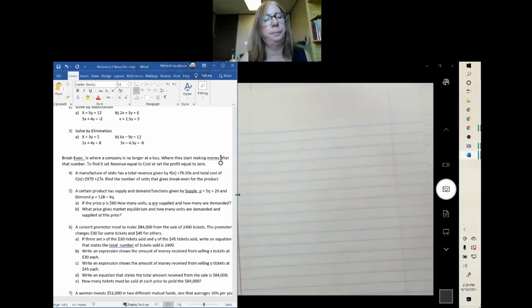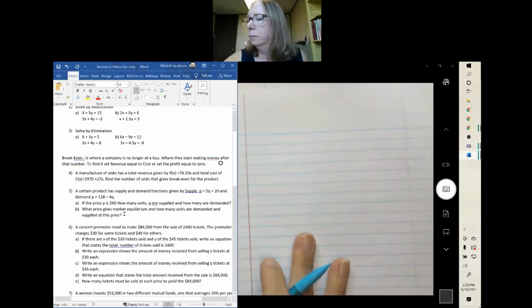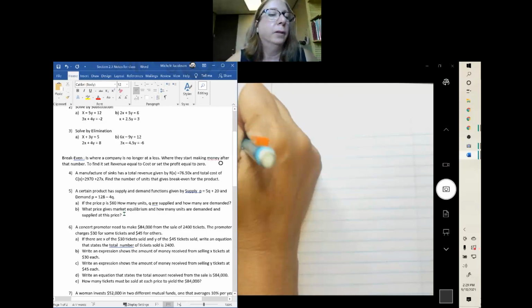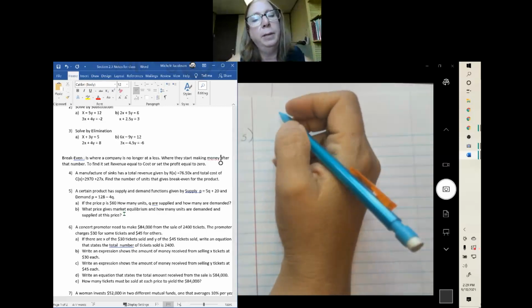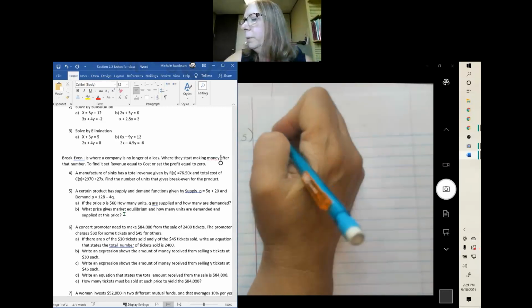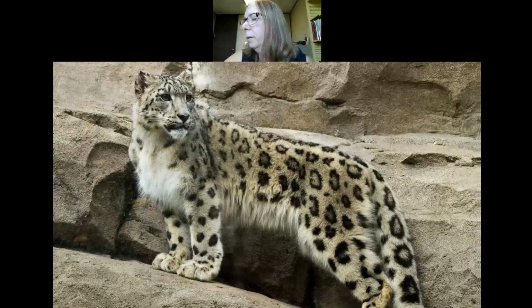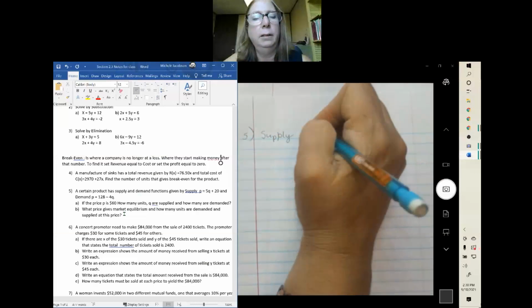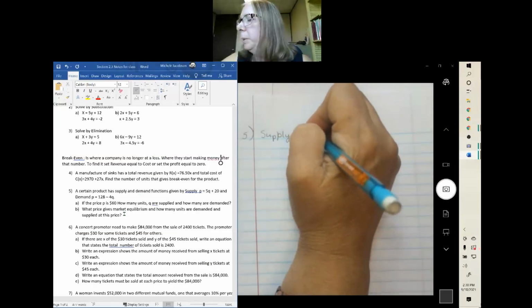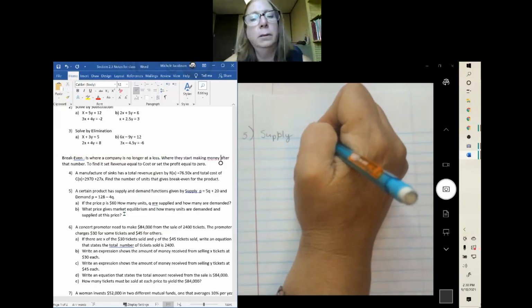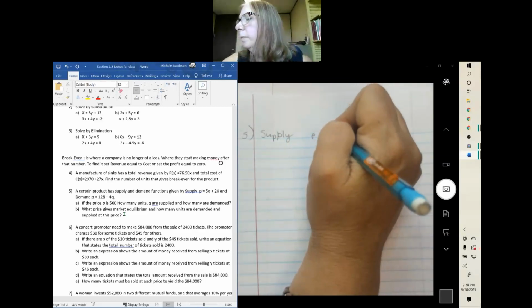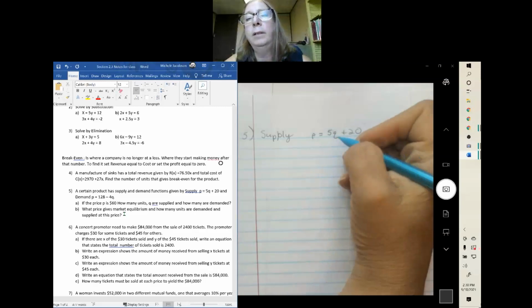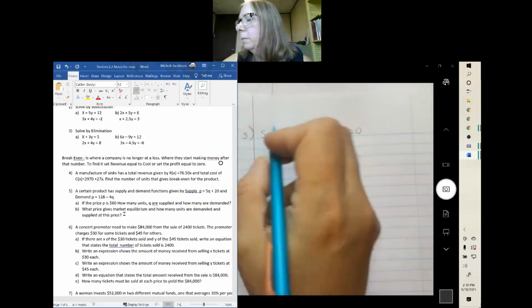Number 5. A certain product has a supply and demand function where the supply is P equals 5Q plus 20. Q is quantity and P is price.